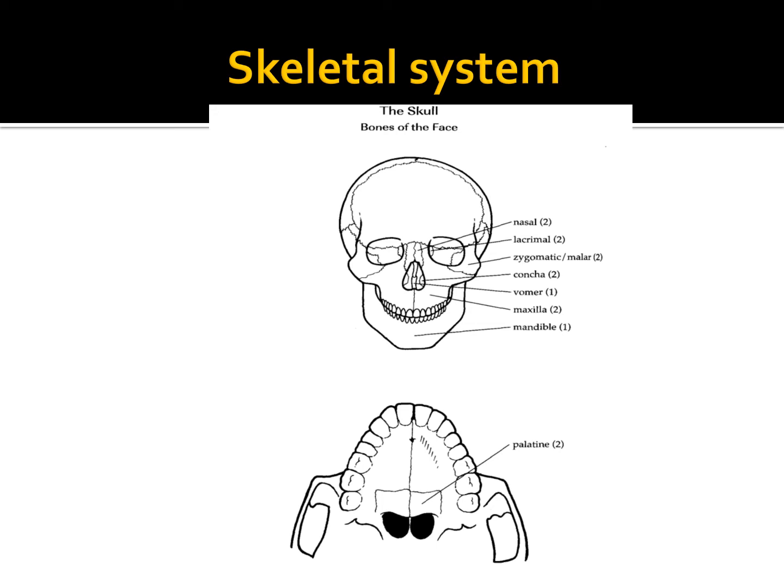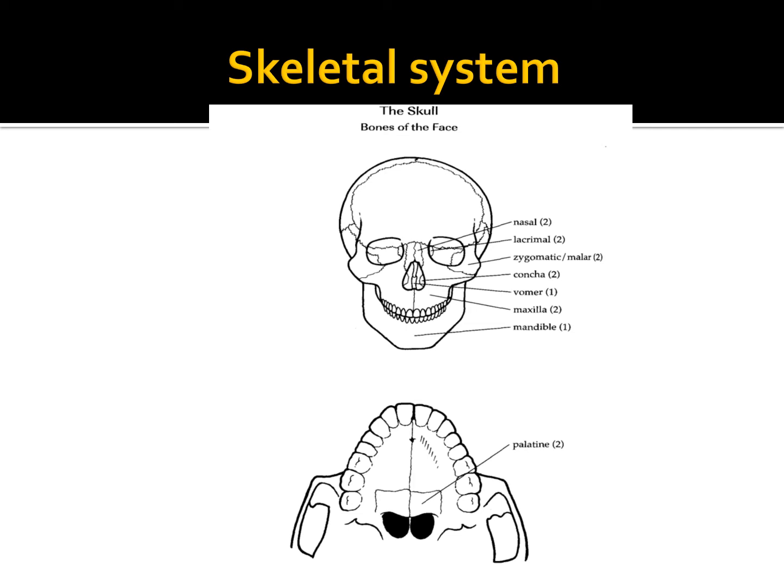It helps keep the nasal passages open and protects that area, but it's up inside. This illustration does not do a good enough job showing you exactly what it looks like. So if you ever get to see a skeleton, one of those mannequins that we have in a lot of your health classes, look up inside the nose so you can see where the concha is and what it looks like.